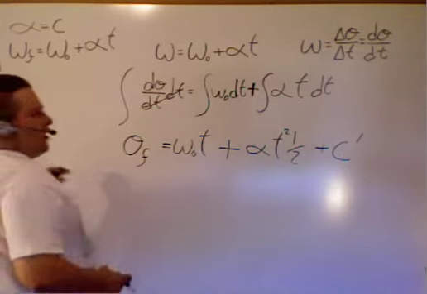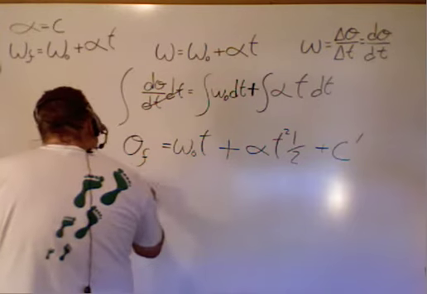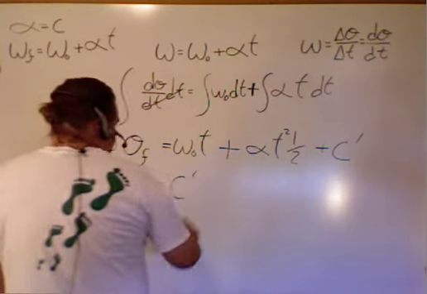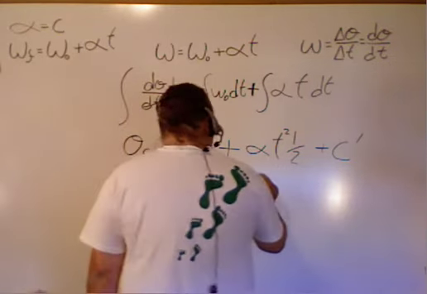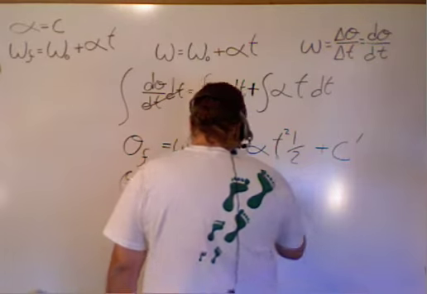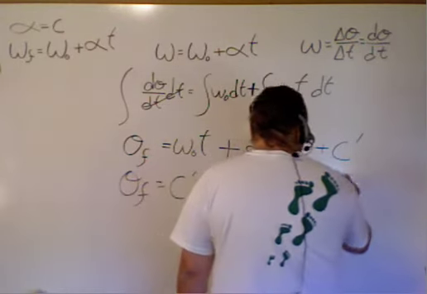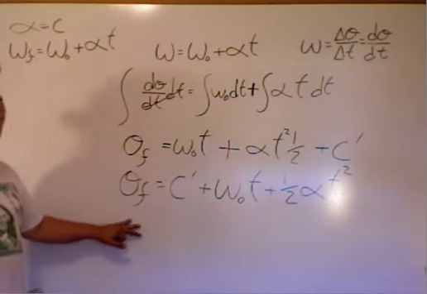Now, moving things around, making it a little prettier, I'm going to have theta final is equal to that constant plus my initial angular velocity times time plus 1/2 my angular acceleration times time squared. That's how I'm breaking it down as my new equation.